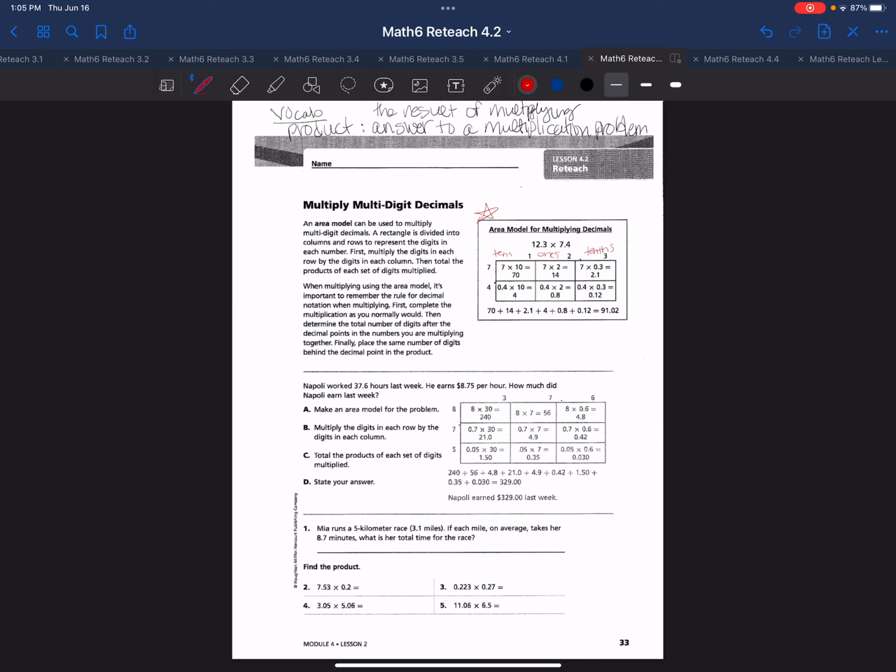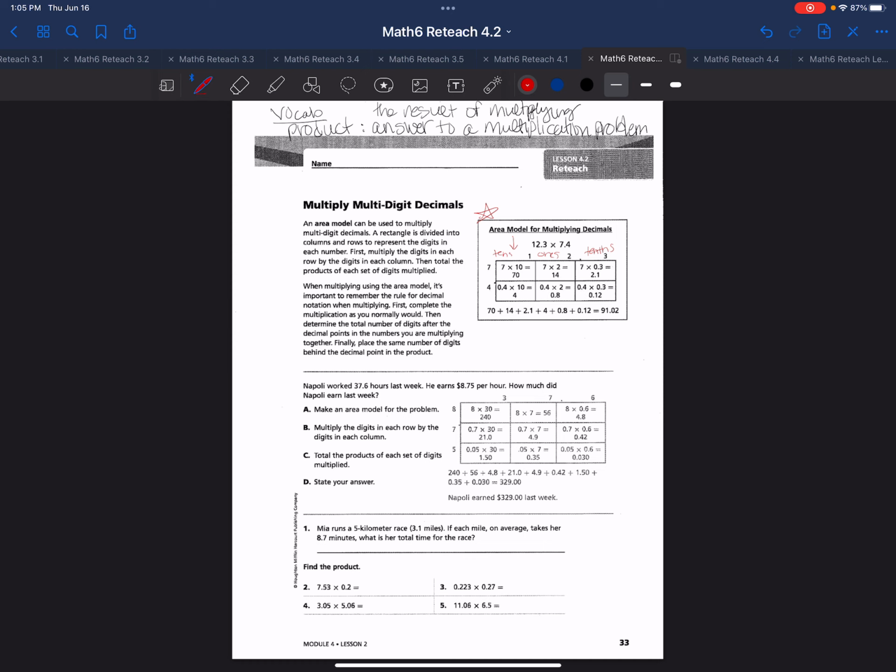So because this first column is tens, they're saying 7 times 10 is 70. And then in the ones, it's 7 times 2 is 14. And then you have 7 times 3/10, which is 2 1/10. You do the same thing here for the row 4.